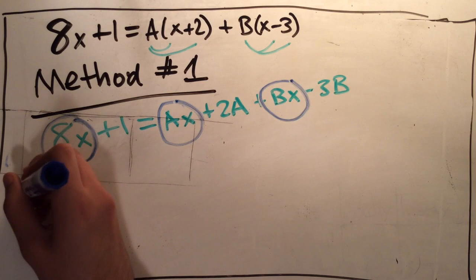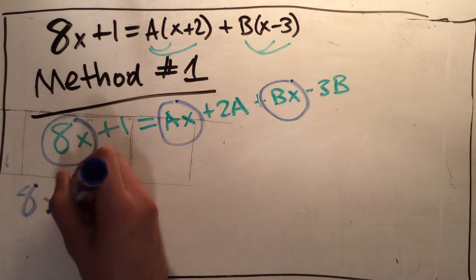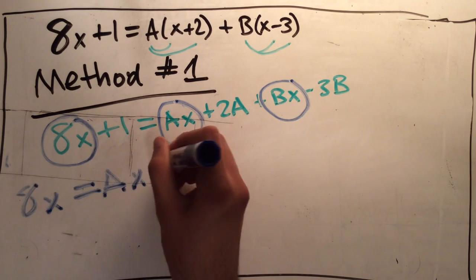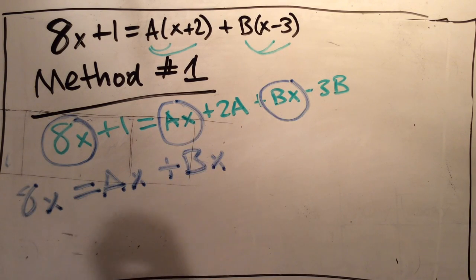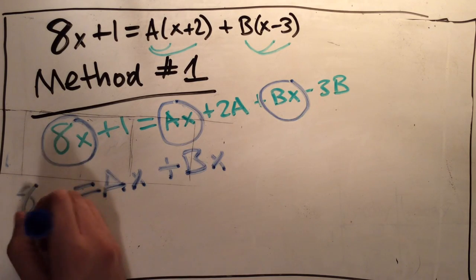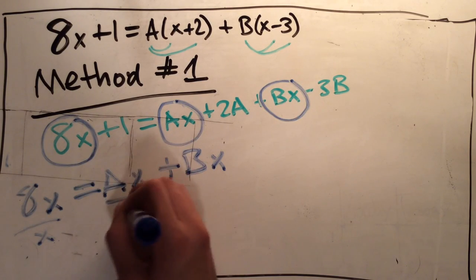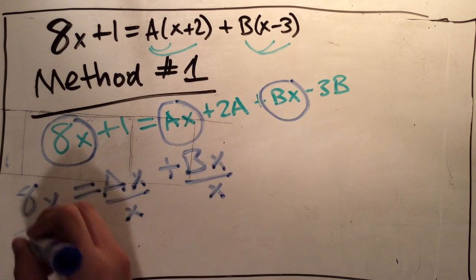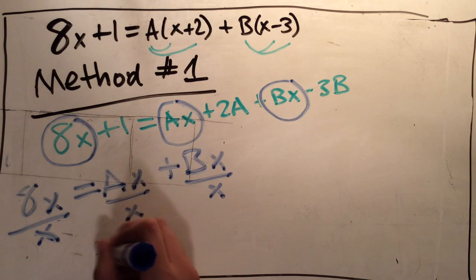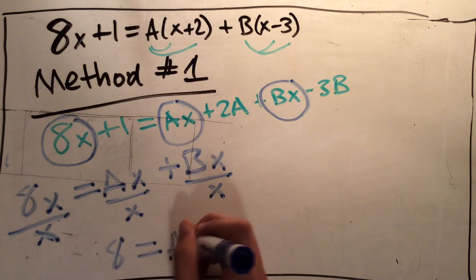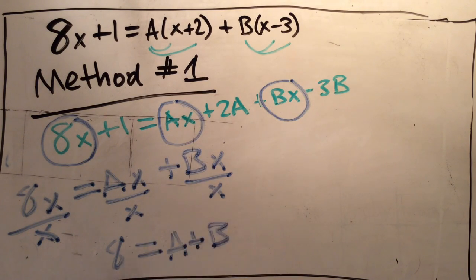So we're going to make an equation 8x equals ax plus bx. And then we can take away all the x's, because we can divide everything by x, and all the x's go away, so you have 8 equals a plus b.